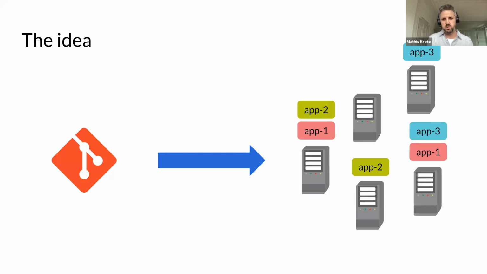Environments can easily start to diverge and become snowflakes, and GitOps proposes the following solution to this problem. We represent the desired state of our applications and environments declaratively as code, and version this declarative representation in Git.